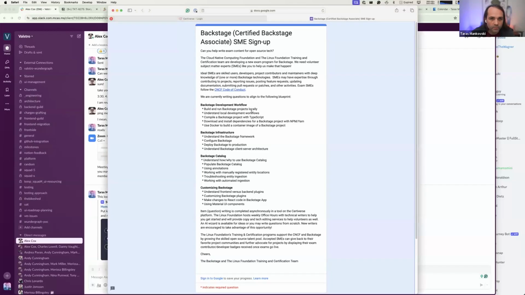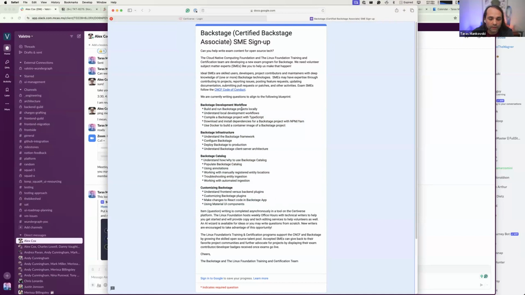Part of this process is that we've been working with Linux Foundation for a while to define the categories of things that developers need to know. This is what you're looking at here: a list of categories that developers with 6 months of experience with Backstage are expected to know. What we're working on now is putting together questions.